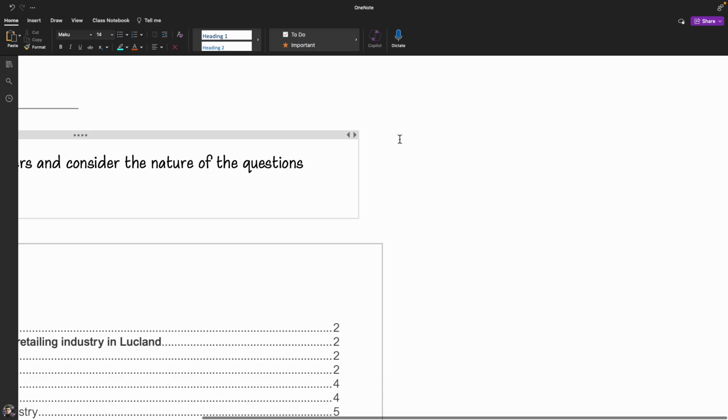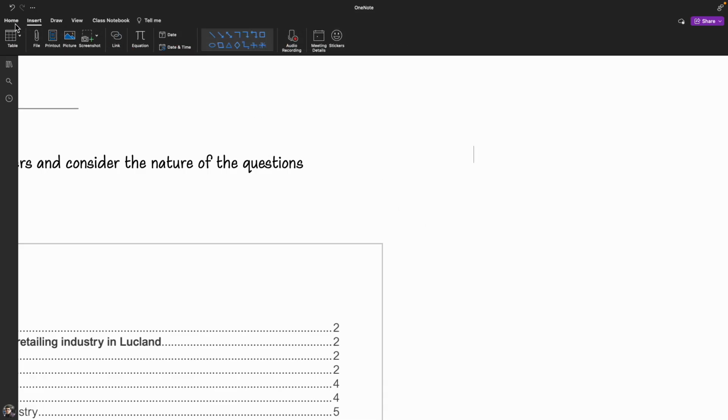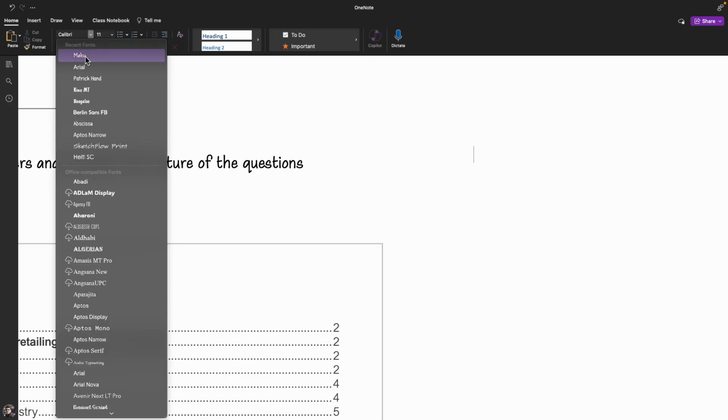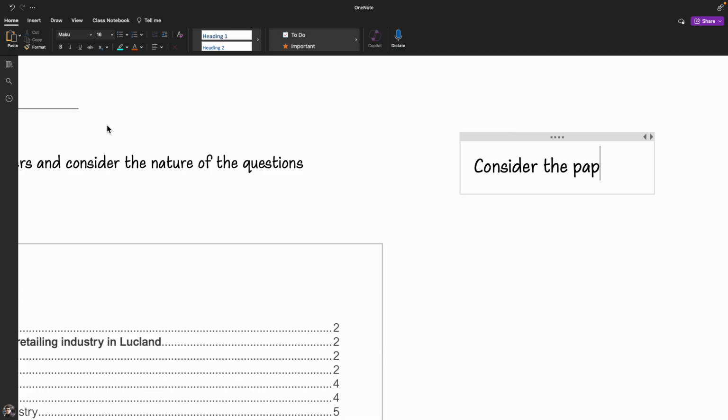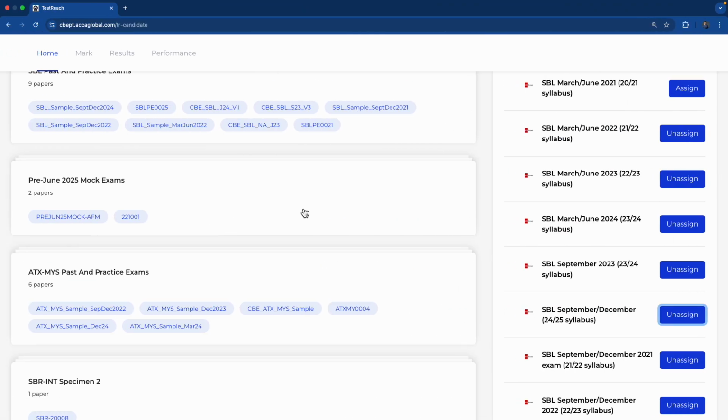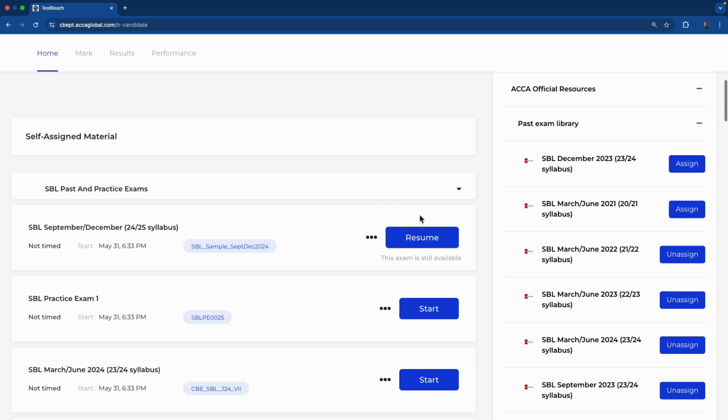We can look at this paper: September, December 24, March, June 24, September, December 23. So we look at these three sittings as a basis of understanding the exhibit first. So look at this one first.